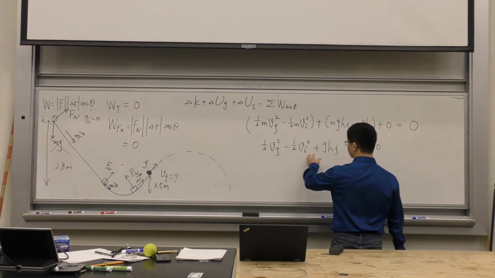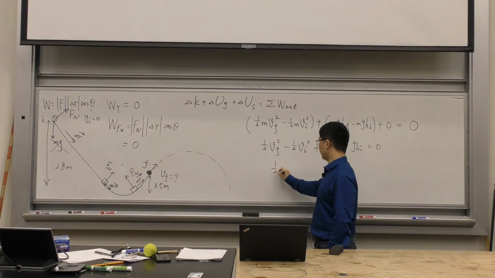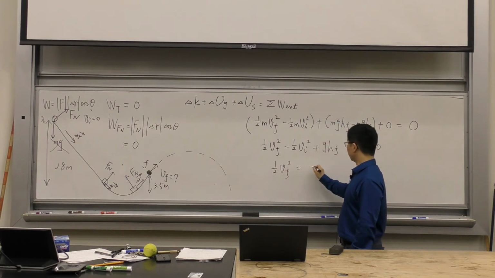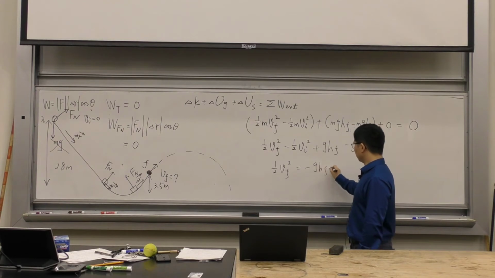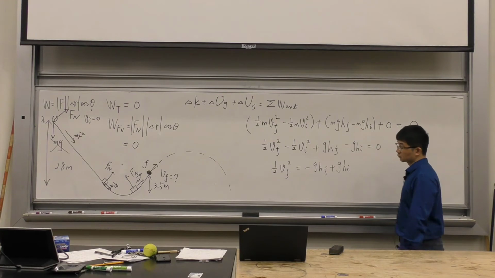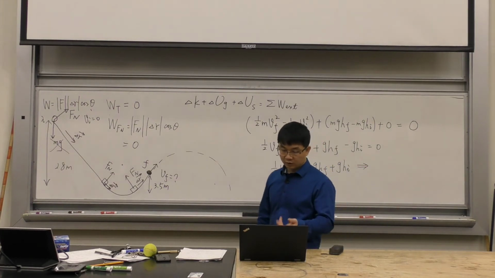I just plug numbers in and rearrange this equation, right? Because vi is 0, I will have this, and then move these two terms to the right, and you will get negative g h final plus g h initial. Now you can plug all the numbers in and find vf, right? Pause the video, finish the algebra.